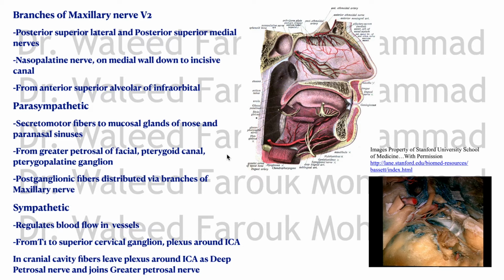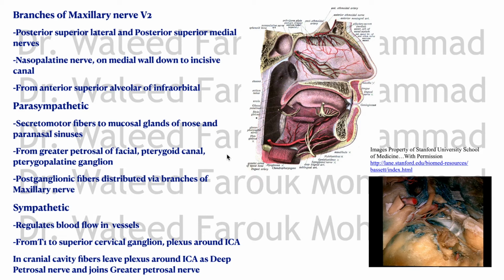And the parasympathetic fibers are of the facial through the greater petrosal nerve that receives a branch from the internal carotid plexus as the deep petrosal. Then they together form the nerve of the pterygoid canal, and then they reach the pterygopalatine ganglion where they branch with the corresponding branches of the maxillary to be distributed.